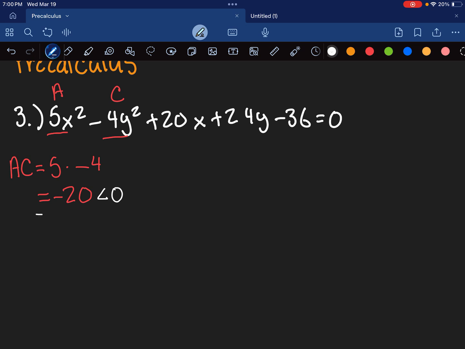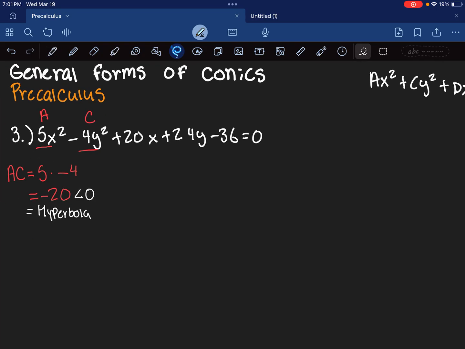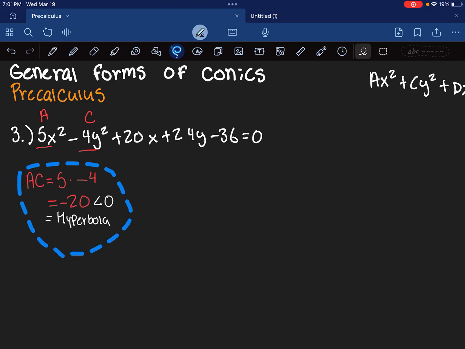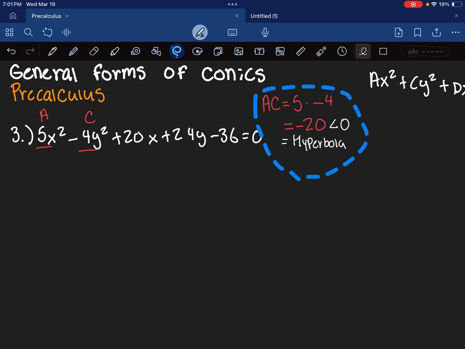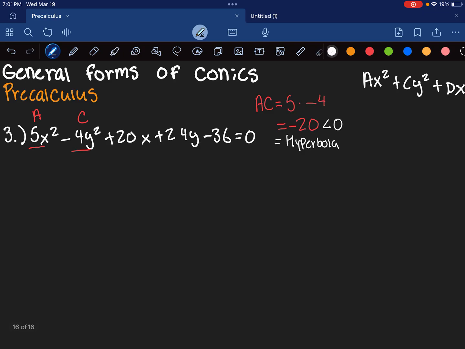So that equals a hyperbola. We're going to put this on the side over here. So the conic name for this one is hyperbola.